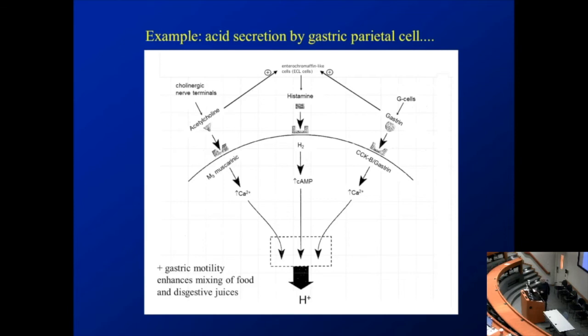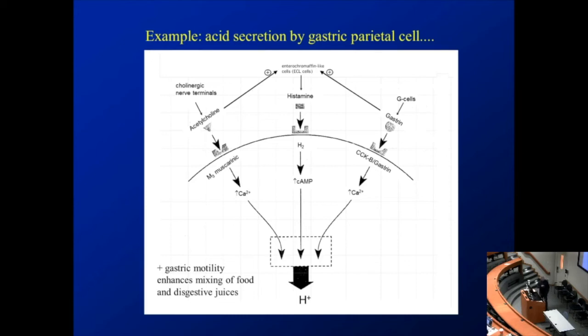Gastrin is a direct secretagogue on the parietal cells, but it's not the most efficient one. The more efficient way gastrin works is by stimulating these enterochromaffin-like cells, and those release the histamine, which is now a very strong secretagogue for parietal cells. So gastrin acts directly, but also indirectly, through these cells and by stimulating histamine.